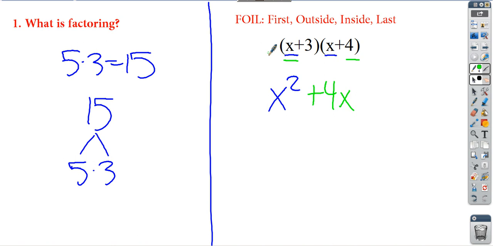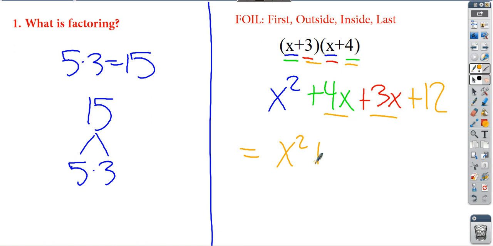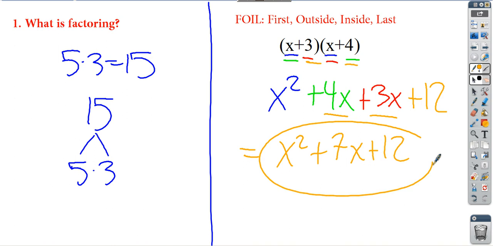Then the inside terms would be the 3 and the x. 3 times x would be 3x. And finally the last terms would be 3 times 4, which is 12. So now if we combine these, we have x squared, 4x plus 3x is 7x, and plus 12.